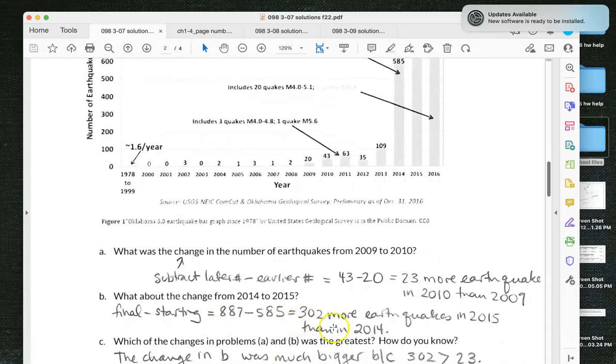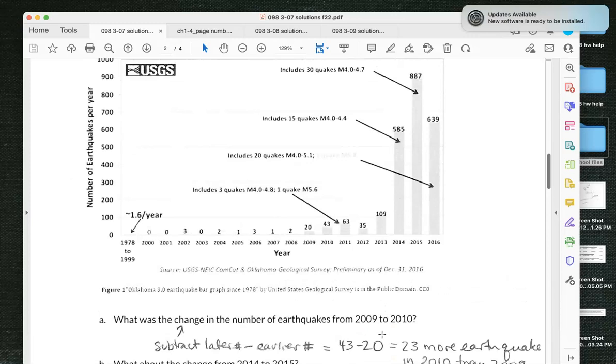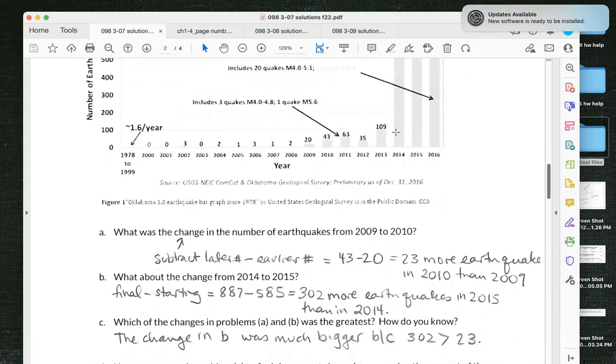So there were 302 more earthquakes in 2015 than in 2014. So this increase here was just 23 more earthquakes, and from here to here we had over 300 more earthquakes. So obviously the change in part B was much bigger.